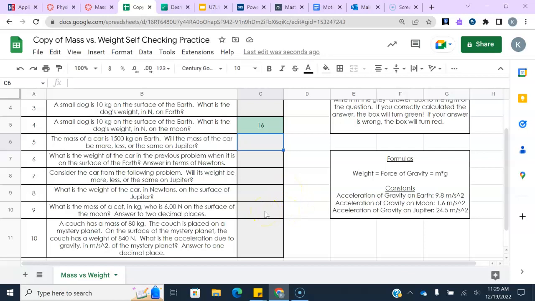Number 9 says, what is the mass of a cat in kilograms who is 6 newtons on the surface of the moon? Answer to 2 decimal places. This is an instance where we're still using the same formula, F equals m times a, but here we're given the force and we're given the acceleration, so we have to solve for kilograms.